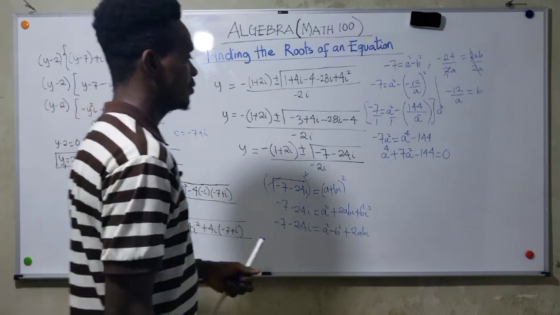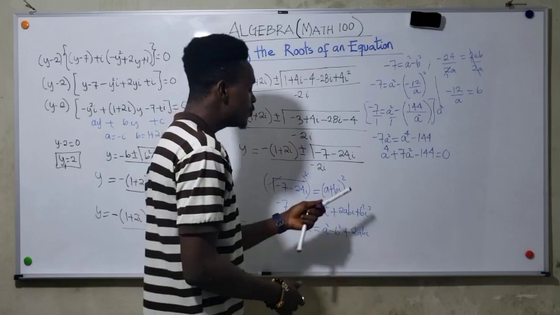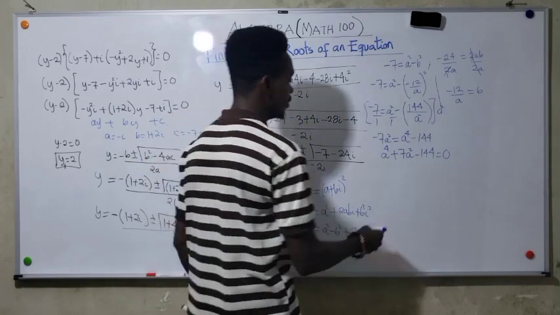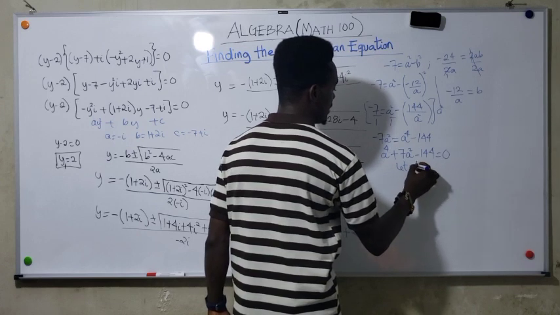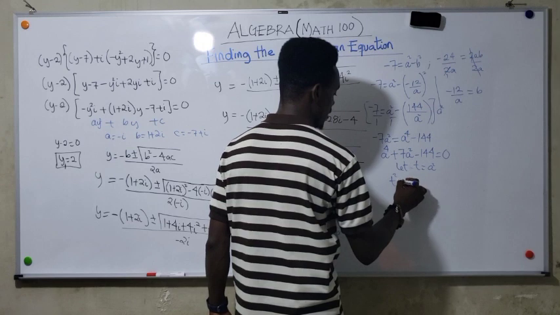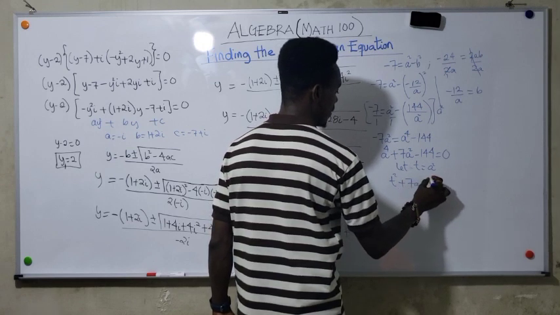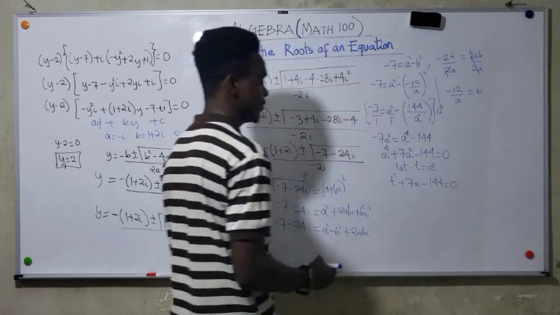a to the 4th plus 7a squared minus 144 is equal to 0. So now we can factor. To find the value of a, we can first reduce this to a quadratic equation. So we say let t equal a squared. So we have t squared plus 7t minus 144 is equal to 0.